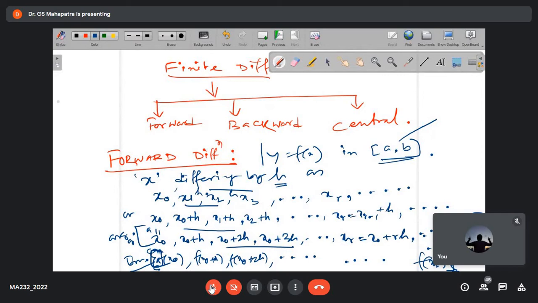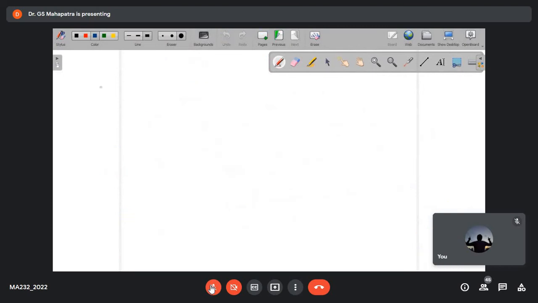So next slide I will go. In this slide, the first order forward difference, FD, of y equals f of x, is defined as follows.